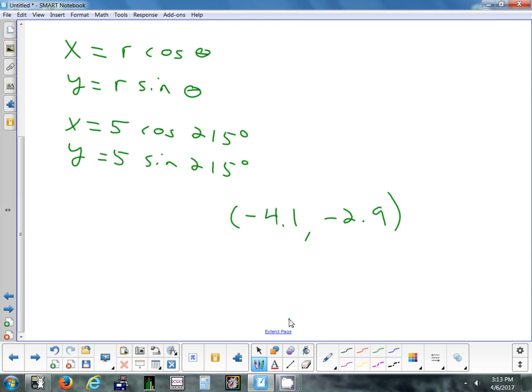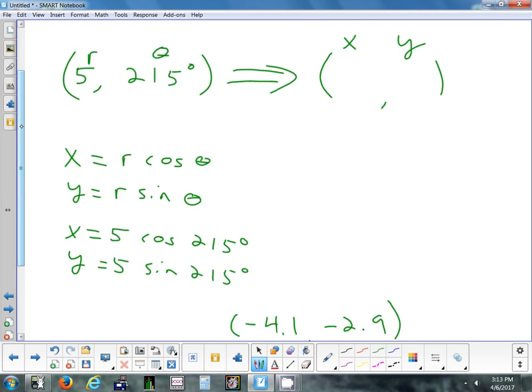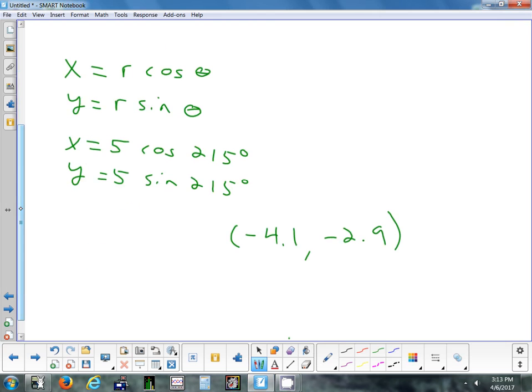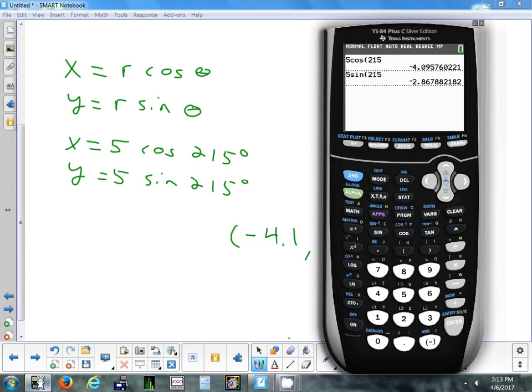Now, there could be some special angles that come up. 215 is not a special angle. In general, what are the angles that are special? Multiples of 45, and 60, 30. You might have to take the cosine of a 30-degree angle, and you get 0.866.